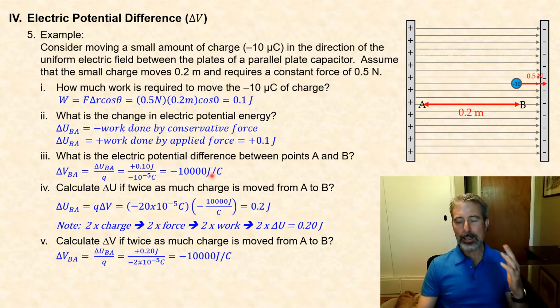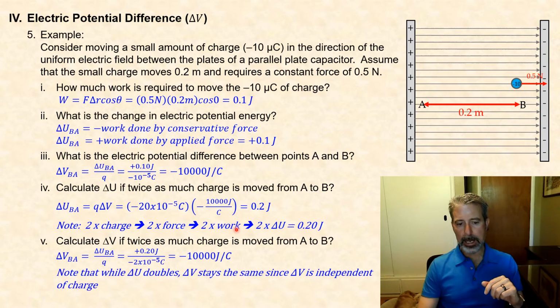In other words, it is a charge independent quantity. Moving 10 microcoulombs from A to B gave us this answer. Moving 20 microcoulombs from A to B gave us exactly the same electric potential difference between those 2 points in space.